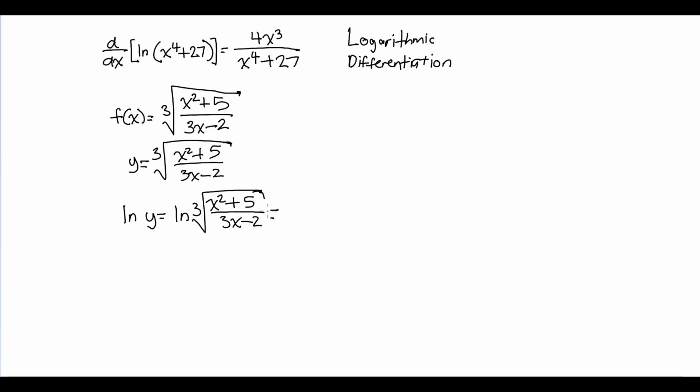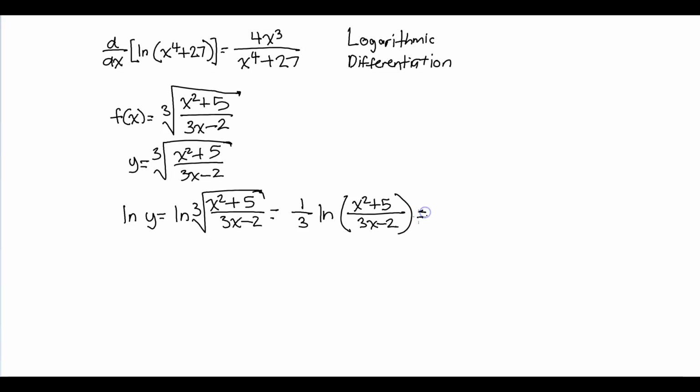Now, this becomes 1/3, since the cube root is the same as raising the expression to the 1/3 power. So 1/3 ln of x squared plus 5 over 3x minus 2.